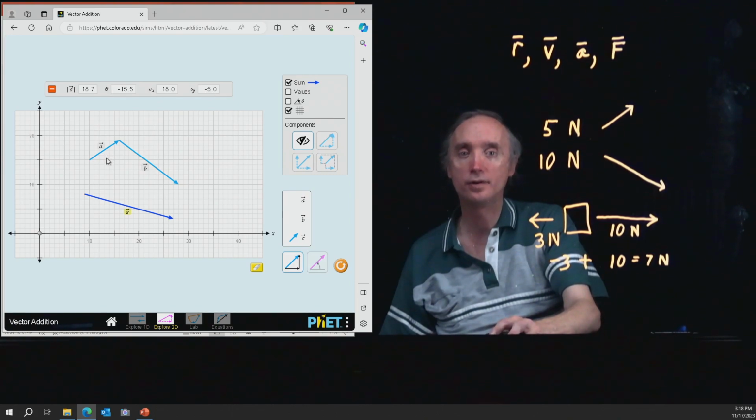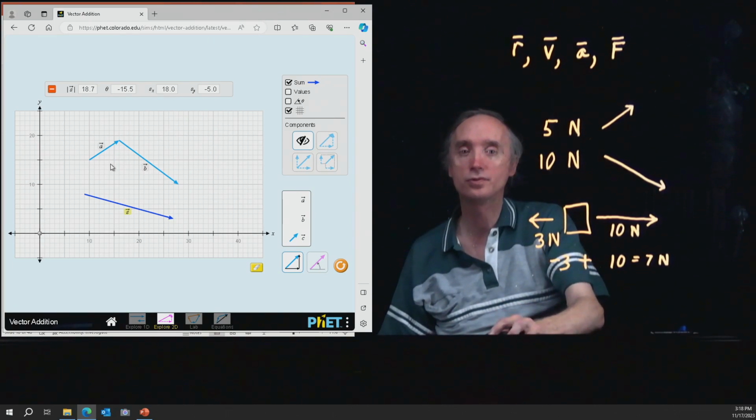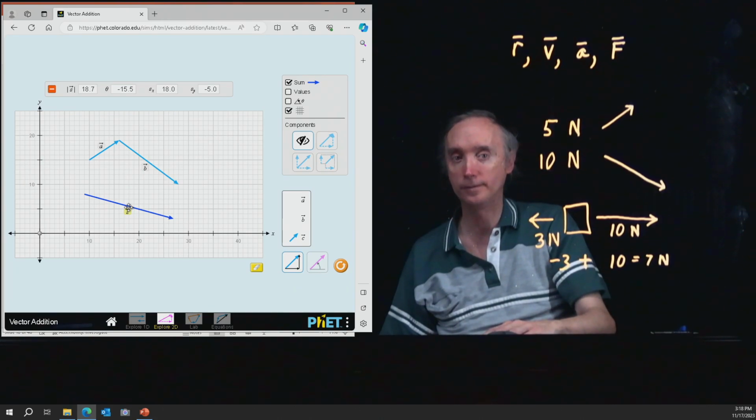So if you had a protractor, you could measure these angles, you could measure these distances, and then use sines and cosines, add them together in order to figure out what this arrow here has to be. We're not going to do it, but that's another way of adding arrows together, geometrically.